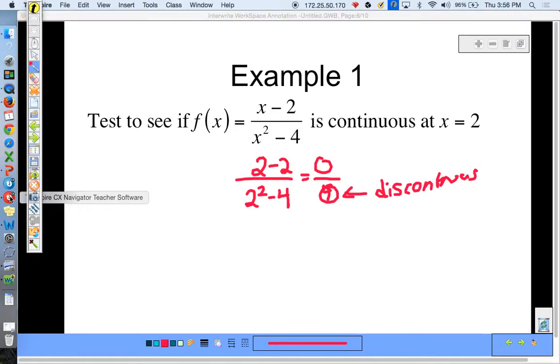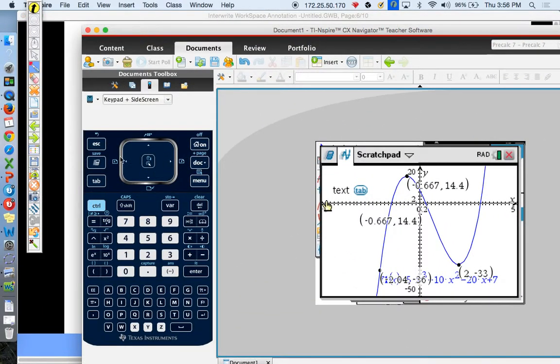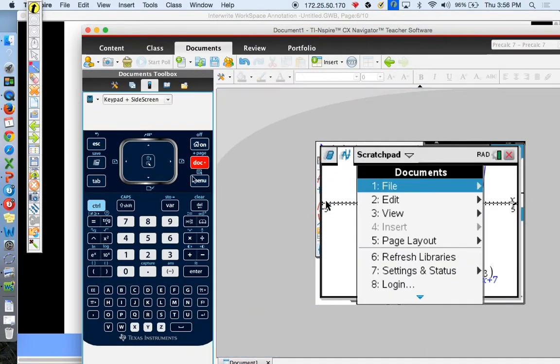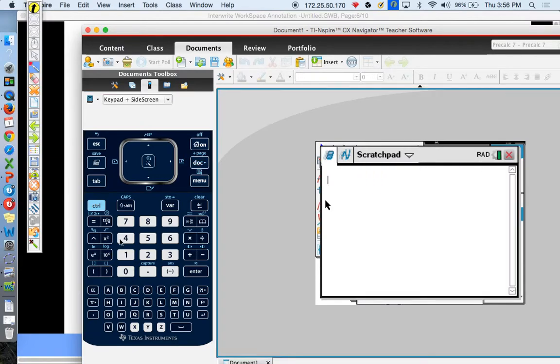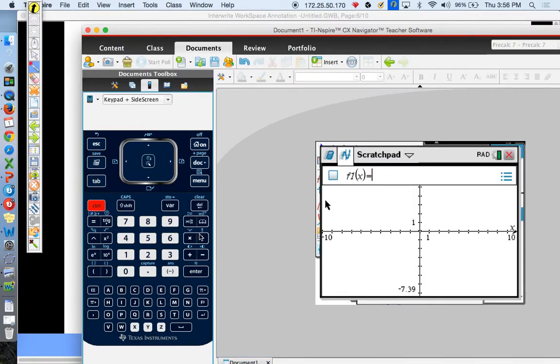If we look at a graph of this one, we have x minus 2 over x squared minus 4.